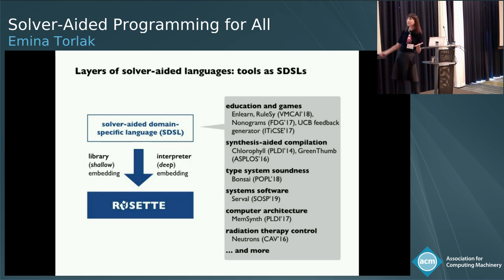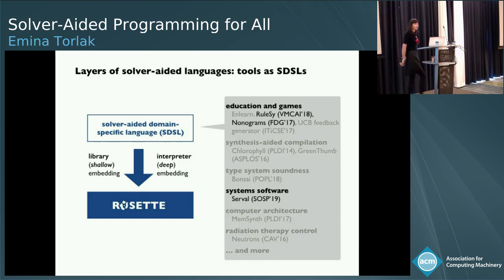So basically anything from very high-level domains such as education and games down to very low-level domains such as verifying system software, specifically security monitors, which is something that we're going to talk about later. Okay, so this is the high-level picture of how you would build a tool in Rosette.